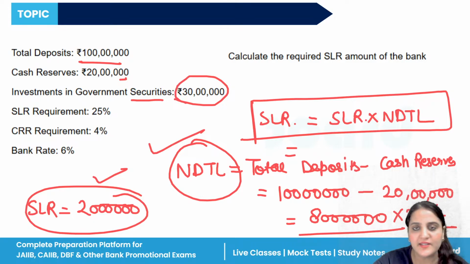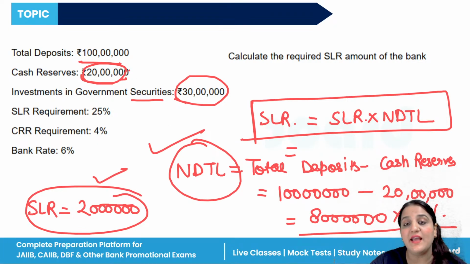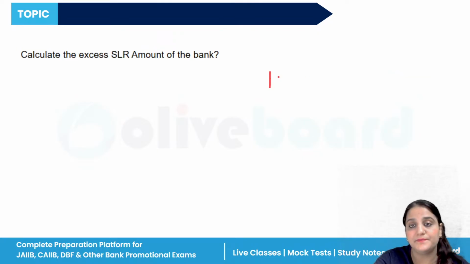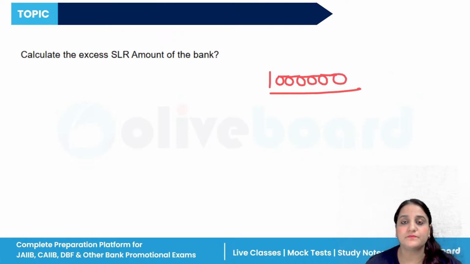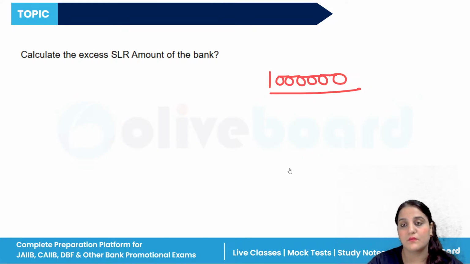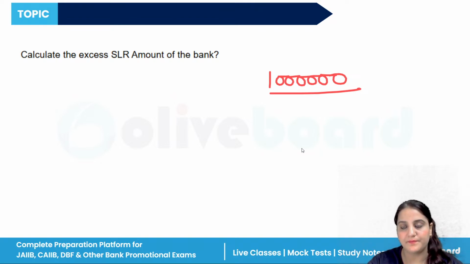Near about 30 lakh, and the required SLR is 20 lakh. So just deduct them. Excess SLR is about 10 lakh. Got it? So some simple parts of questions are there.